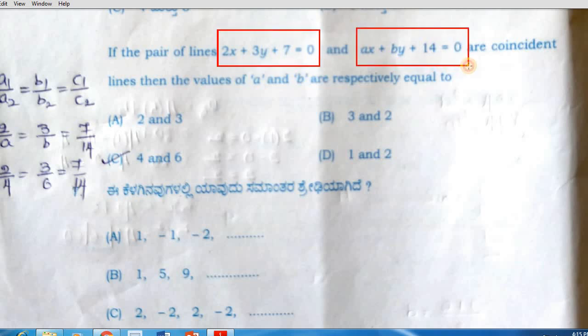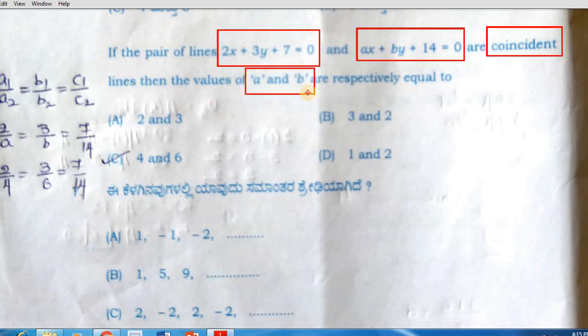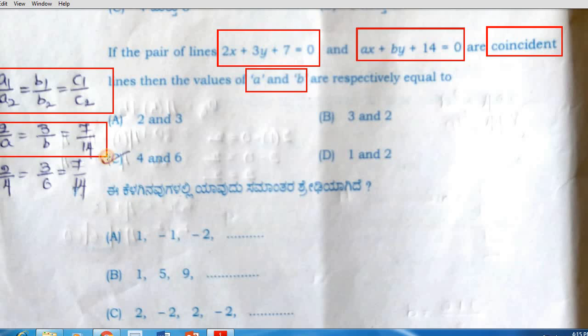Question number 6, children. If the pair of lines 2x plus 3y plus 7 equals 0 and ax plus by plus 14 equals 0 are coincident. They clearly said these two are coincident. Coincident means all ratios are equal. Then we need to find the values of a and b. So for that, see, I have written the ratio here and substituted the values. a1 by a2 means 2 by a, b1 by b2 means 3 by b, and c1 by c2 means 7 by 14.